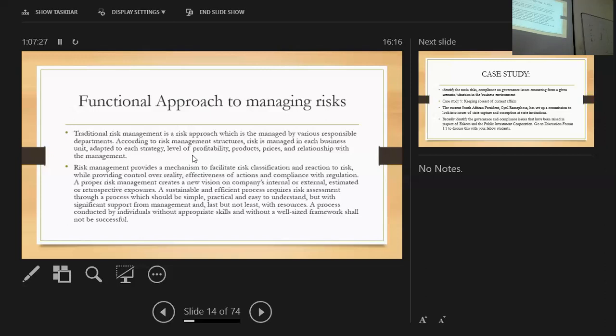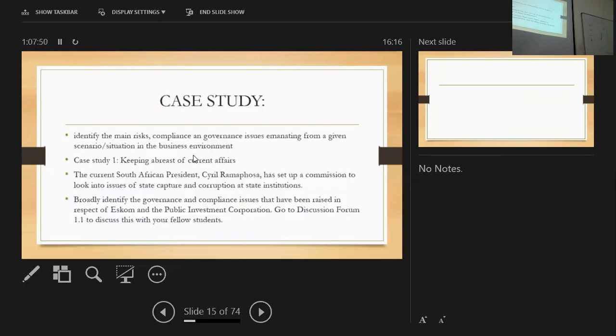They are still using the traditional approach to risk management, whilst there is the functional approach to risk management. All right. That's as far as the first topic goes, right? But we've got the case study that I highlighted earlier on.